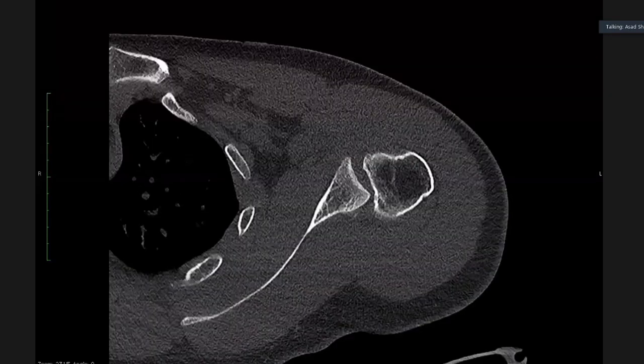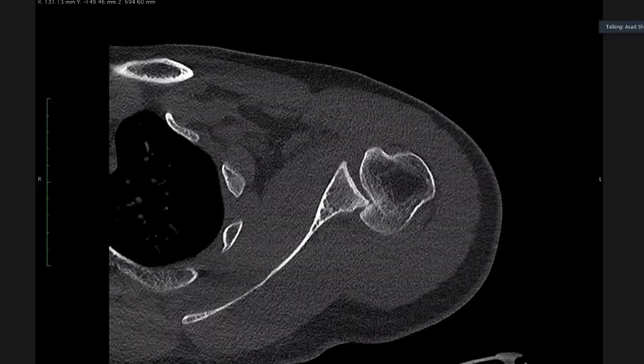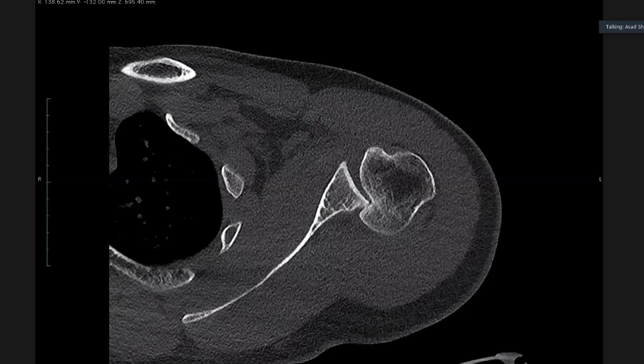If you see it at the front, you will call it an ALPSA lesion, an anterior labral periosteal sleeve avulsion. This is a PLPSA because it's posterior. But anyways, that's by the by. Just remember that morphology. That's how a posterior dislocation with a large anterior Hill-Sachs looks on CT and X-ray. All right? Okay.